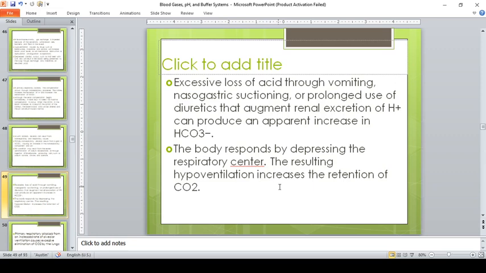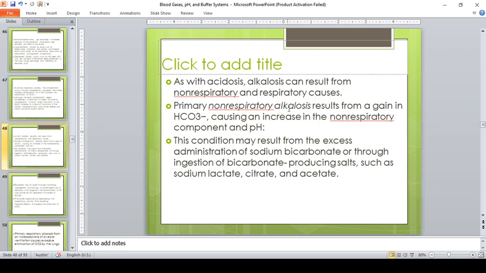So remember, this is non-respiratory alkalosis wherein there is an excess bicarbonate. So, if there is an excess bicarbonate, what will the body do to maintain the balance? It will use the lungs. So, will this be hyperventilation or hypoventilation?